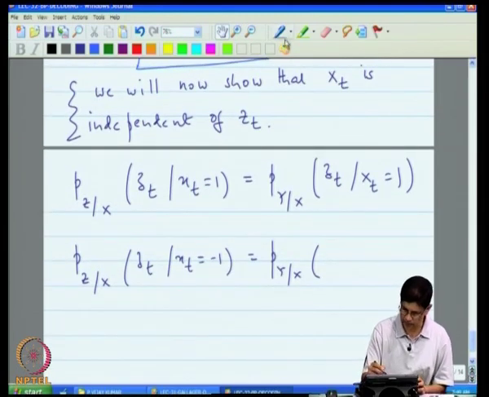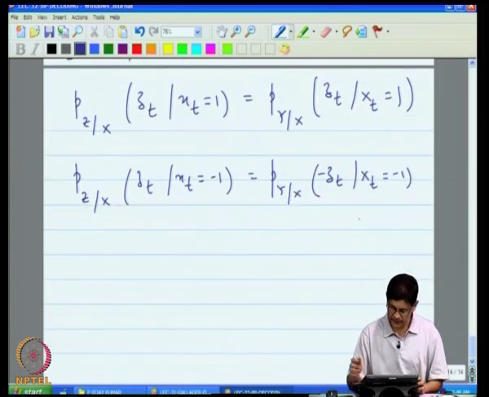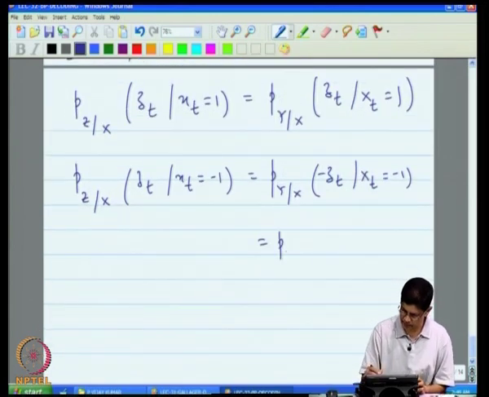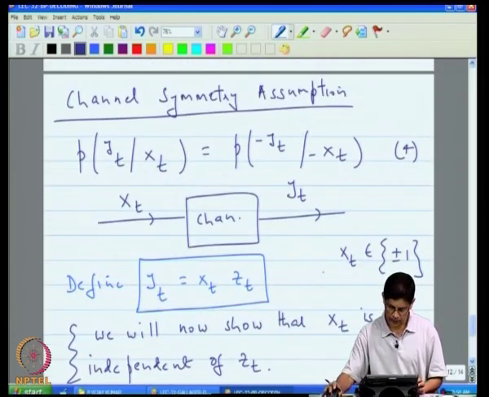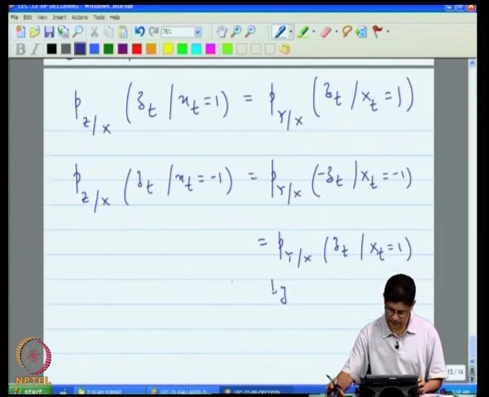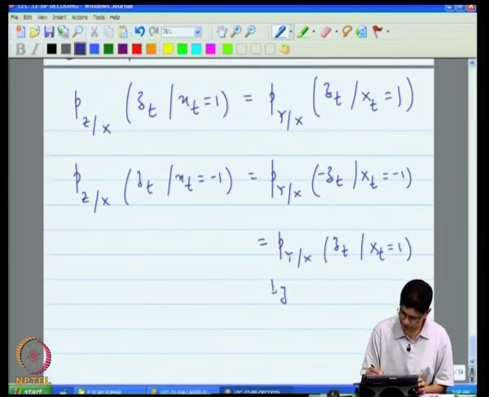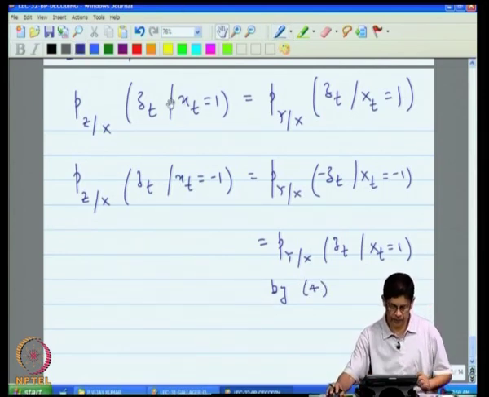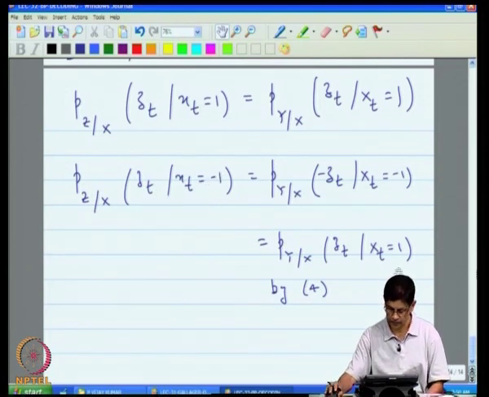So, this is the probability of minus zt given xt equal to minus 1, but by the channel symmetry condition, this is the same as P of y given x of zt given xt equal to 1. Okay. So, this is by equation 4, which was our channel symmetry condition. So, what that means is that the probability of zt does not depend upon whether xt is plus or minus 1. Therefore, it is independent.